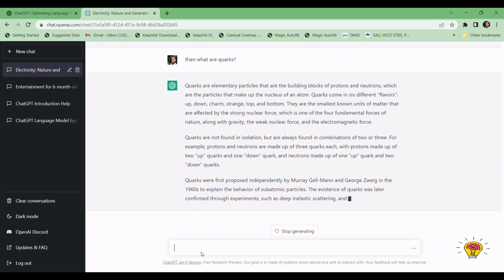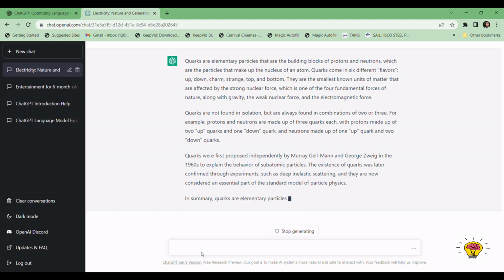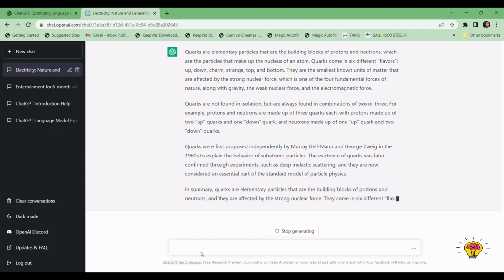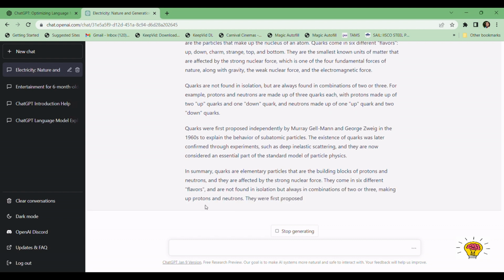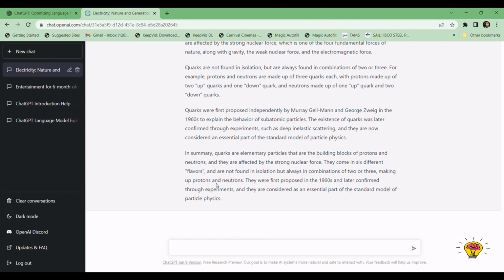Quarks are not found in isolation but are always found in combinations of two or three. Protons and neutrons are made up of three quarks each. In summary, quarks are elementary particles that are building blocks of protons and neutrons, and they are affected by the strong nuclear force.